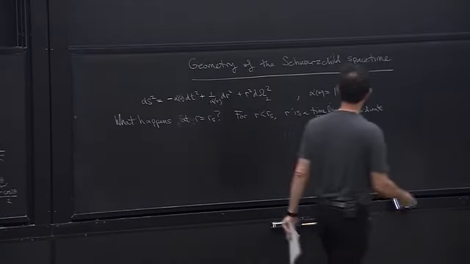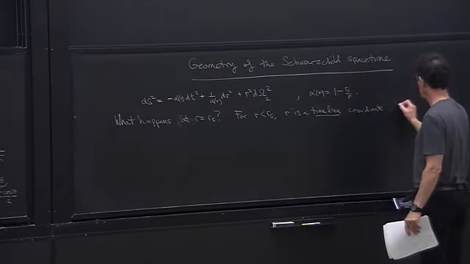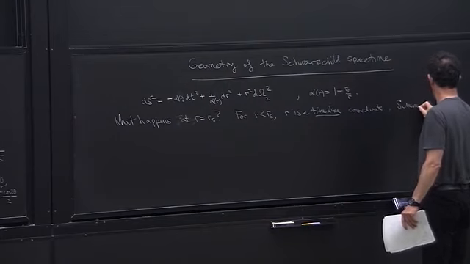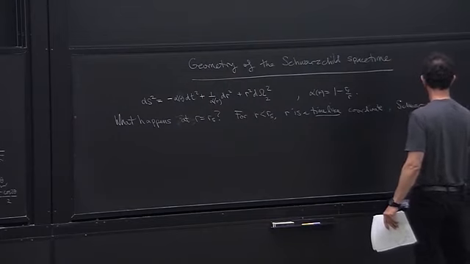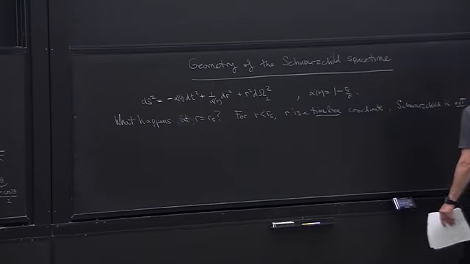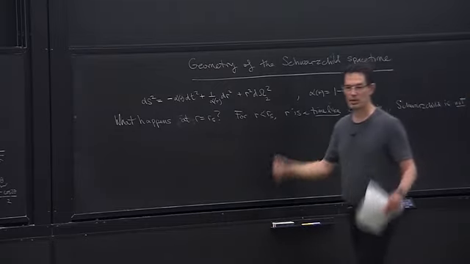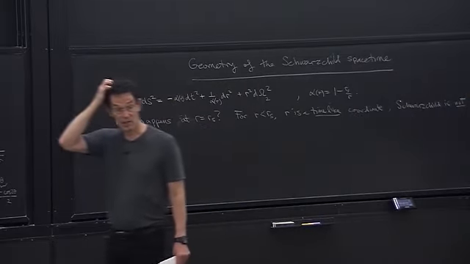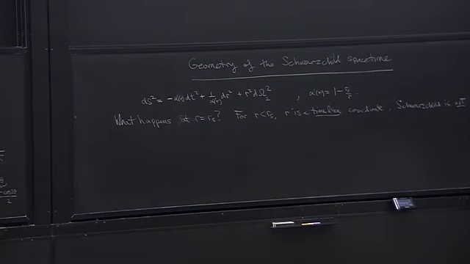And so the Schwarzschild is not static. Static means the metric is independent of time, but if the time-like direction is r, and the metric depends on r, then it's obviously not static. It's much more like a waterfall. So when you fall through the Schwarzschild radius, it's as if you're on a waterfall.